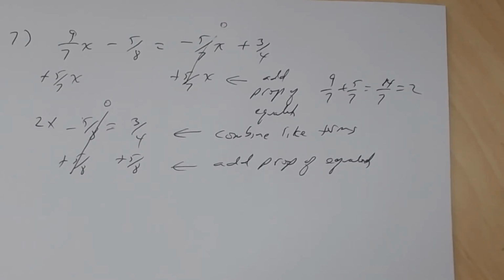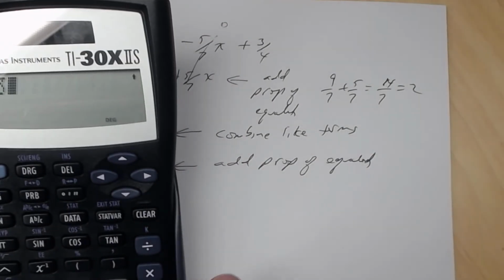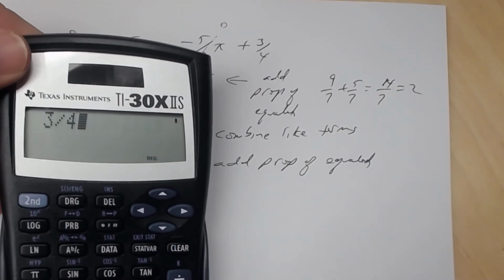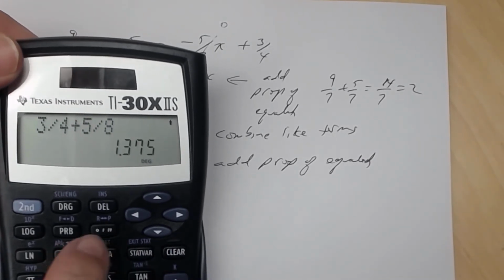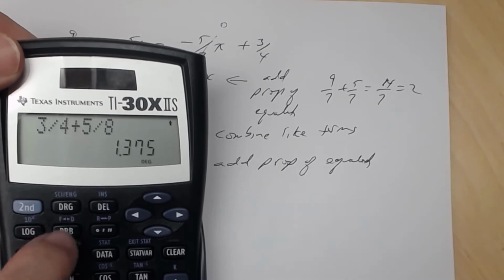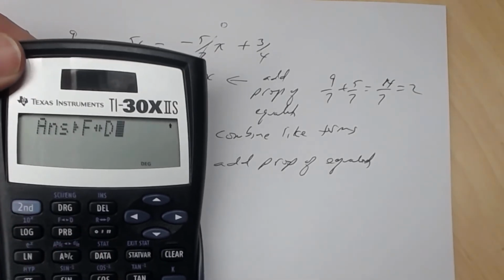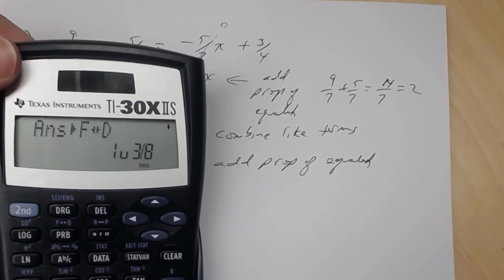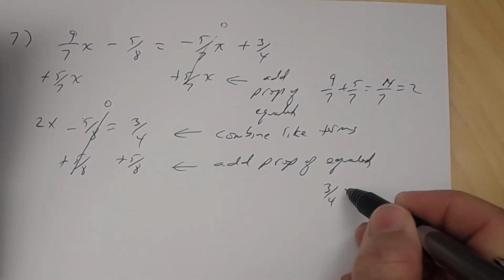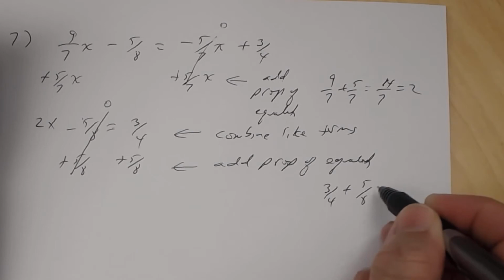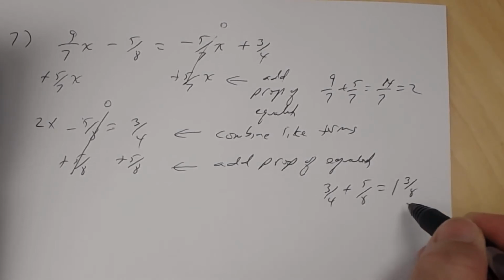And then use your calculator on this part. So 3/4 plus 5/8. So just say 3 divided by 4 plus 5 divided by 8, equals, and then just convert that back to a fraction, so second PRB, equals, and you get 1 and 3/8. All right, so notice that what we just found was that 3/4 plus 5/8 equals 1 and 3/8. So that's a mixed number.